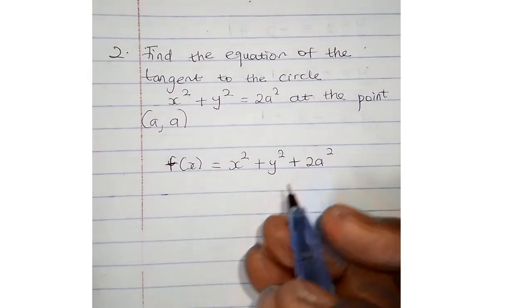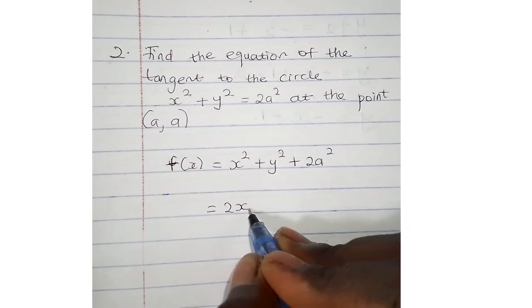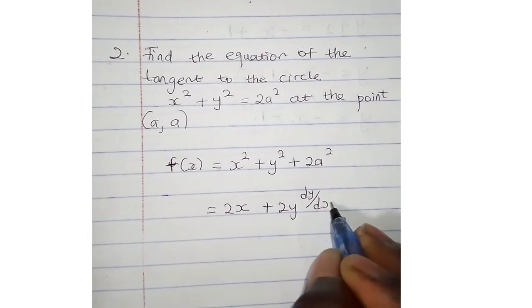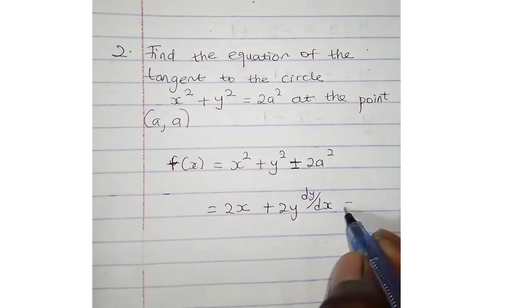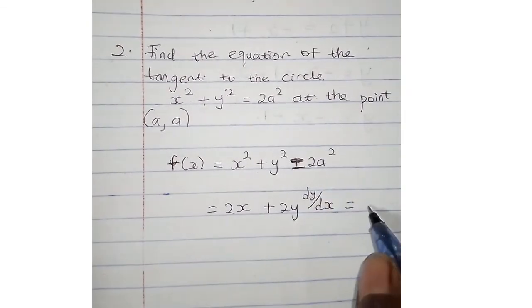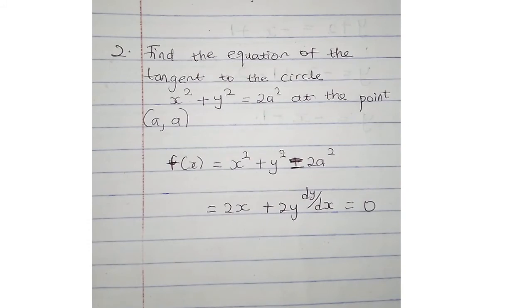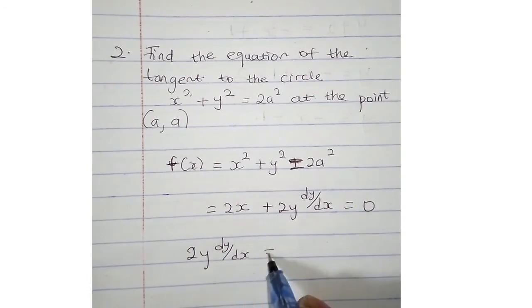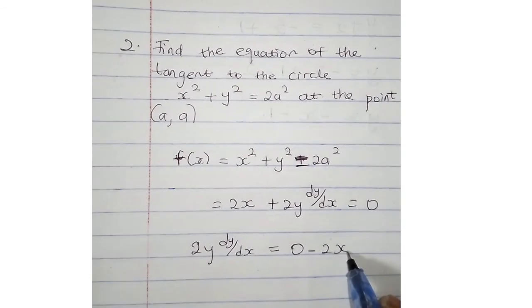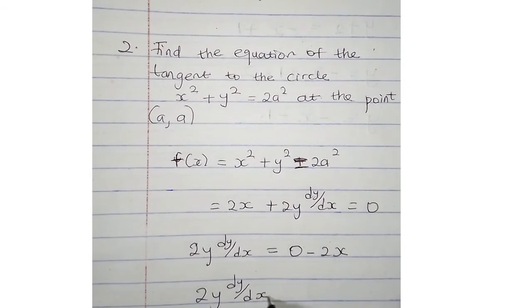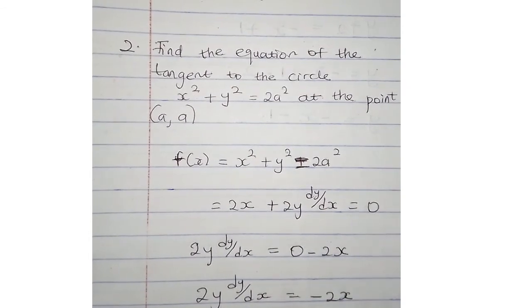So when we differentiate this, we are going to have 2x, and when we differentiate y squared, we are going to have 2y dy/dx, equal to 2a squared, which is a constant, and when you differentiate a constant, it gives us 0. So now let's make dy/dx stay on its own. We're going to have 2y dy/dx equal to 0 minus 2x, so 2y dy/dx equal to minus 2x.